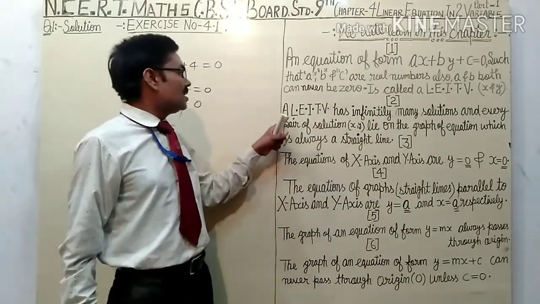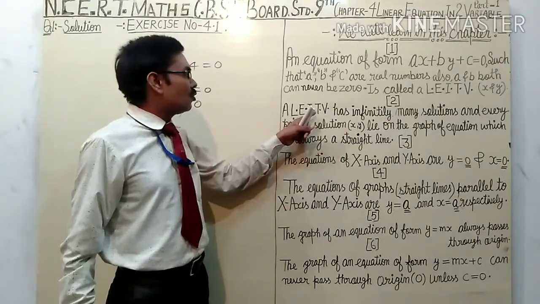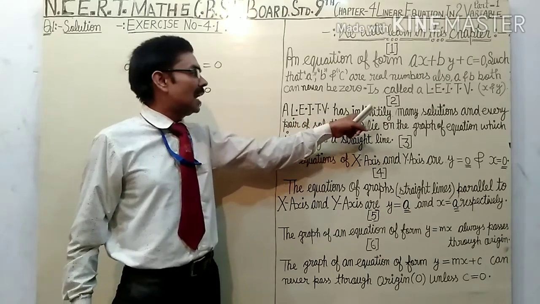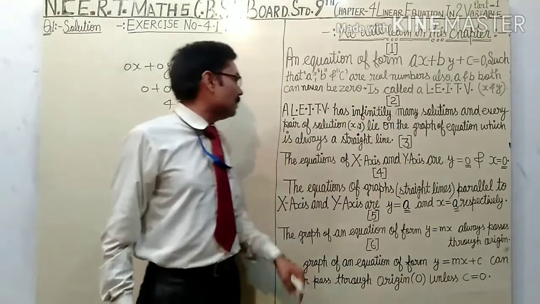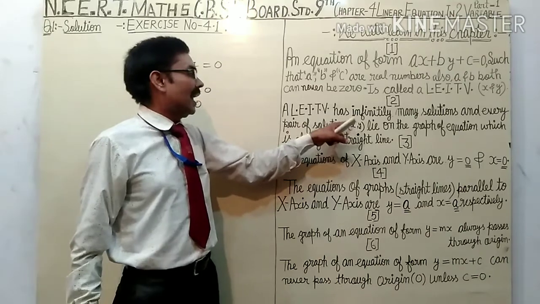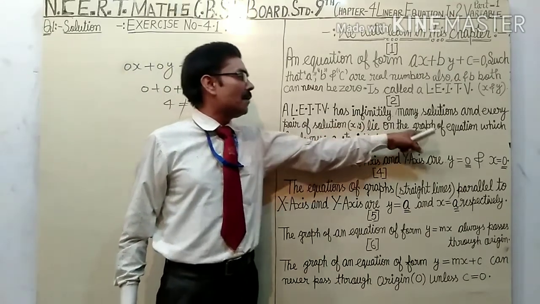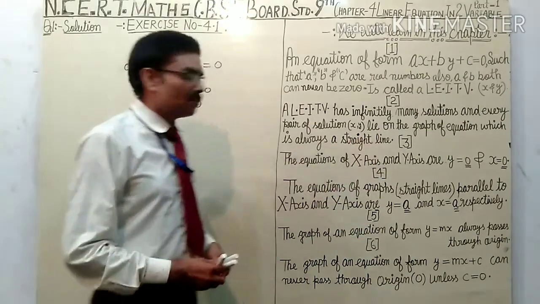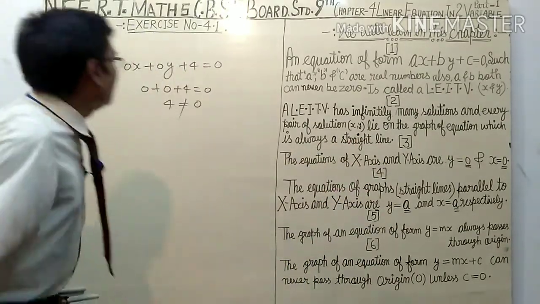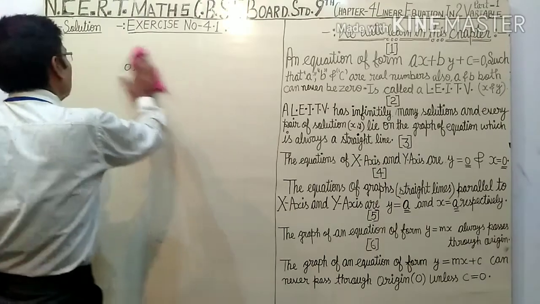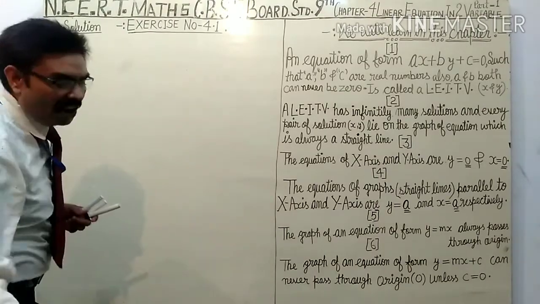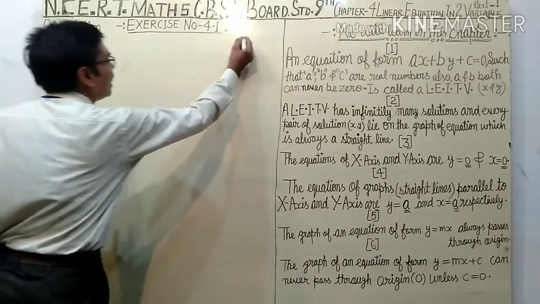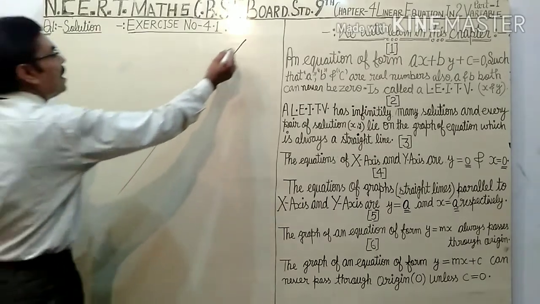Students, a linear equation in two variables has infinitely many solutions, and every pair of solutions, say (x, y), lies on the graph of the equation, which is always a straight line. The graph of a linear equation is always a straight line, and a line has infinitely many points on it.